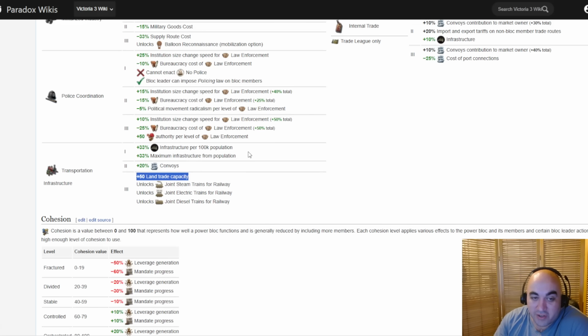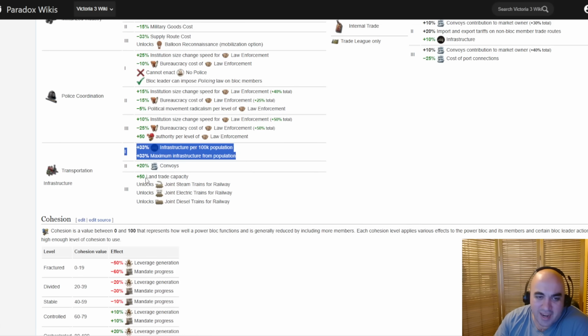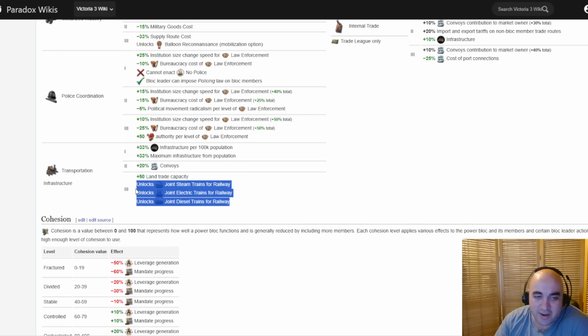And then the little bit of extra infrastructure: most of the modifiers for this are flat, but this is a percentage modifier, which means you're going to be getting a lot of extra free infrastructure. But the free infrastructure is kind of antagonistic with the better railways. I don't really understand why we're trying to get free infrastructure when one of the better modifiers we're getting is better infrastructure.